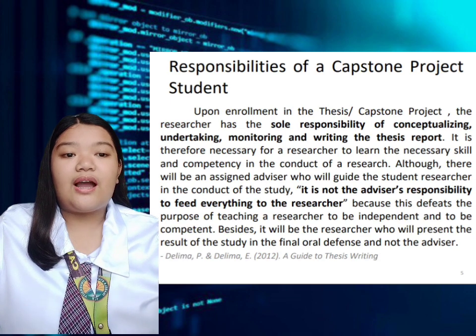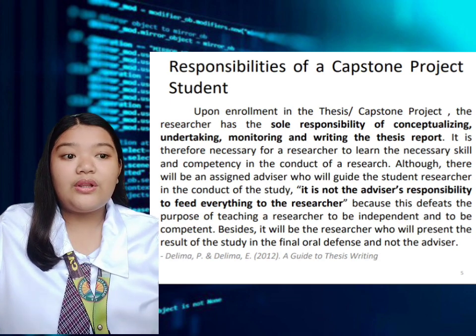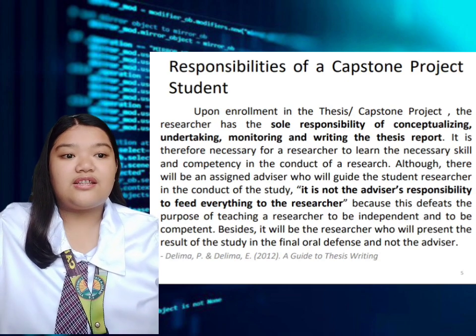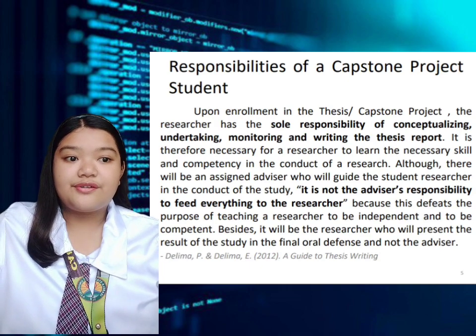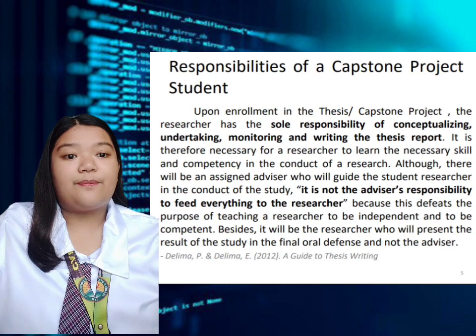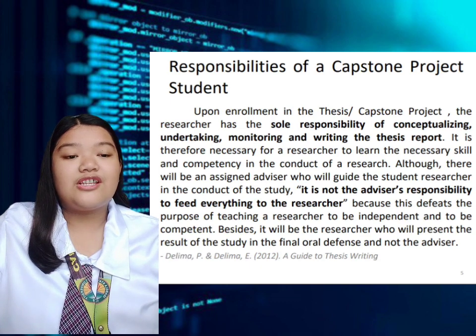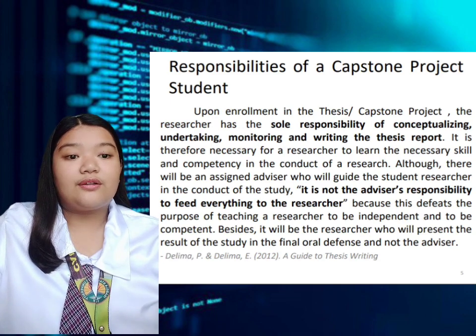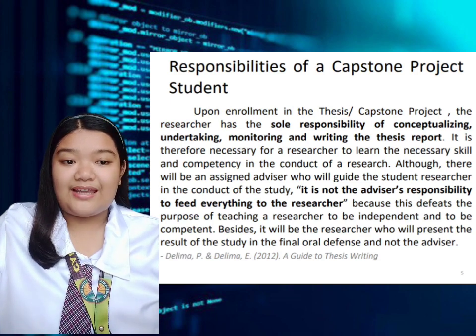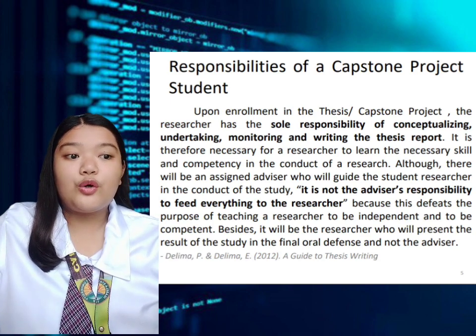Although there will be an assigned advisor who will guide the student researcher in the conduct of the study, it is not an advisor's responsibility to feed everything to the researchers, because this defeats the purpose of teaching a researcher to be independent and competent. Besides, it will be the researcher who will present the result of the study in the final oral defense and not the advisor.